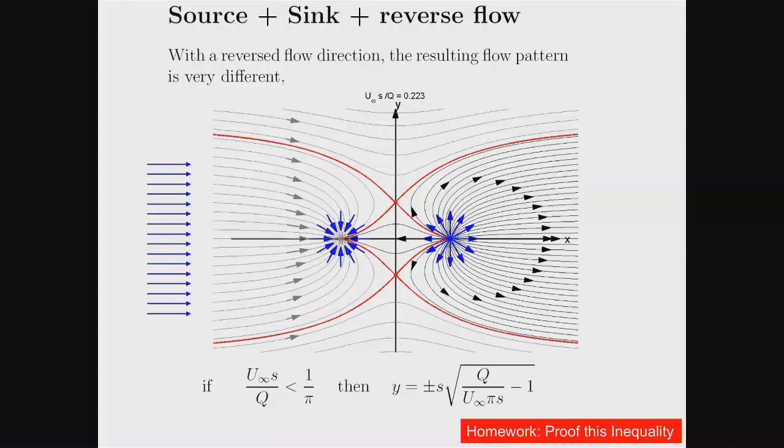I want you to do this at home during the weekend: show that when this parameter U infinity S over Q is less than 1 over pi, you're going to have stagnation points along the y-axis, so two stagnation points here.